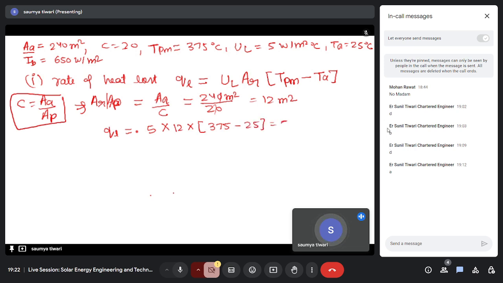So it will be 5 into 12 into 350, and this will come to be 21,000 watt, or you can write it as 21 kilowatt. That will be your QL.